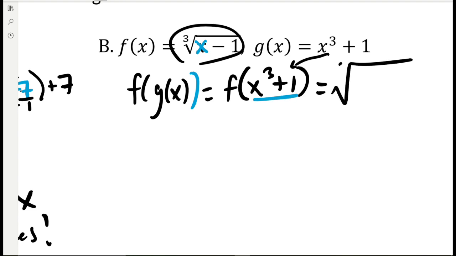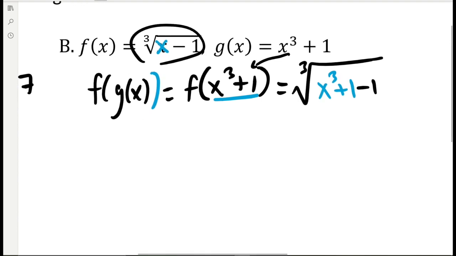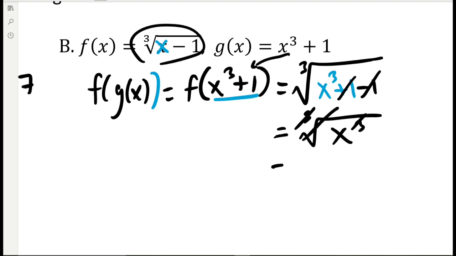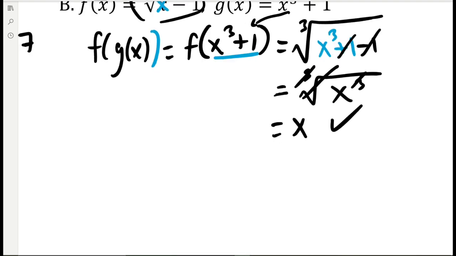So we got the cube root of that, and then minus 1 on the inside of the radical. So now since the 1 and the minus 1 are inside the radical this time, they actually do cancel out. So now we have cube root of x cubed. And then the cube and the cube root are opposites, so they cancel, leaving you with x. So this checks out so far.